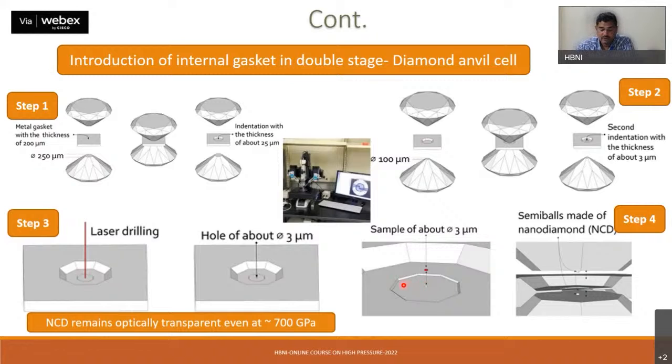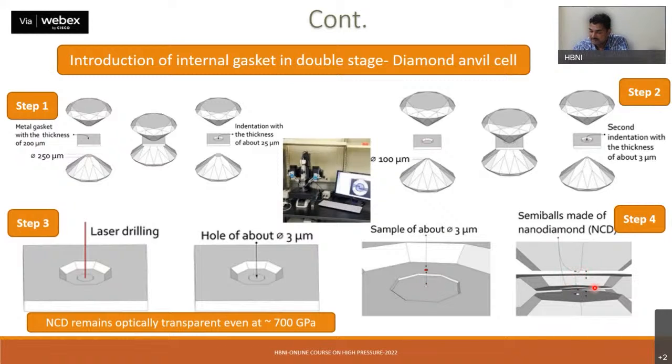And once you assemble this gasket with the sample chamber, you assemble the semi-balls, which they synthesized using the multi-anvil apparatus, quality checked and everything. Those nanocrystalline diamonds, they stick on both sides of the sample chamber on the sample.